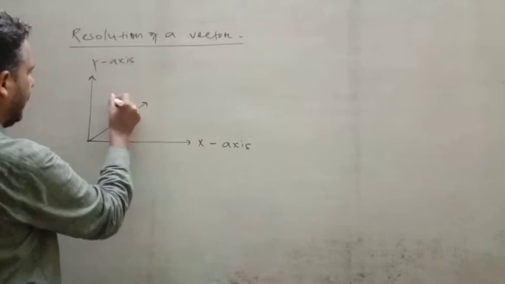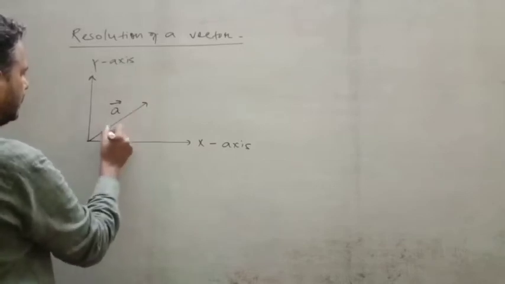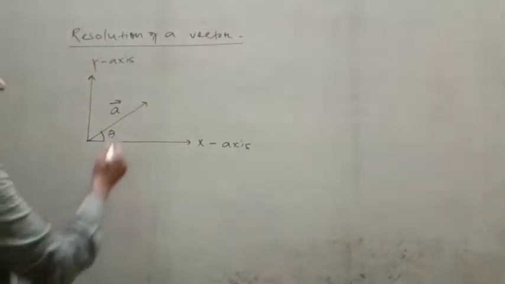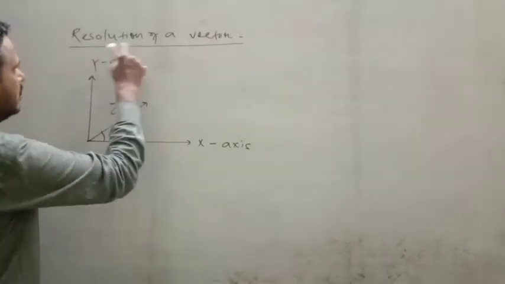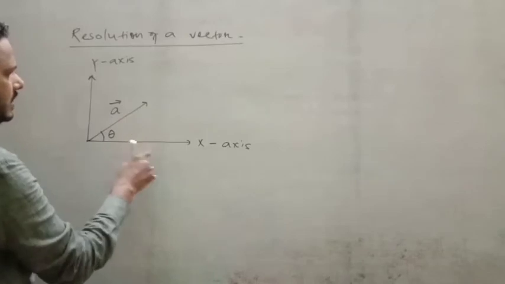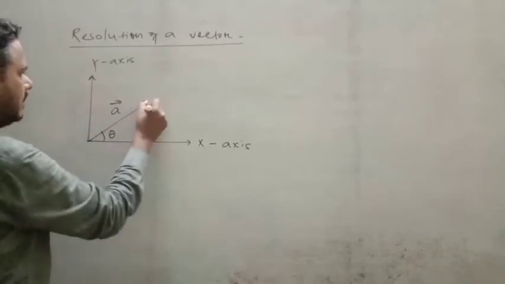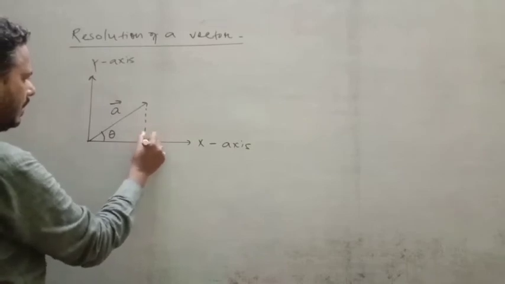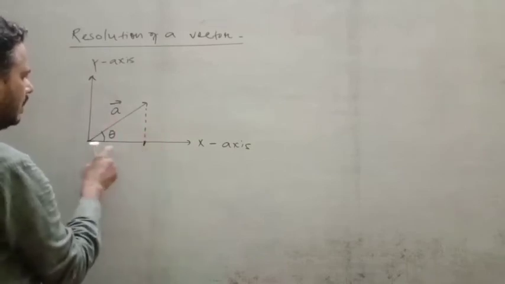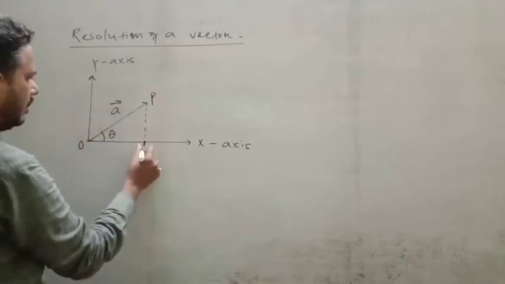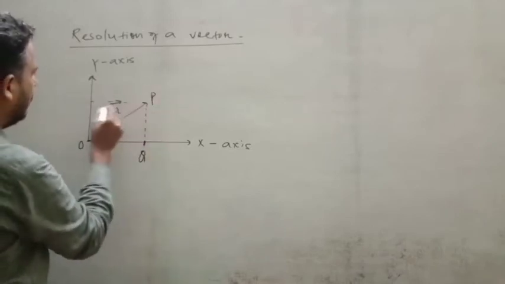Suppose there is a vector A which is making an angle theta with this x axis. So resolution means we have to resolve this along the x axis as well as the y axis. So just draw here, suppose this one is O, P, Q and one will be R.